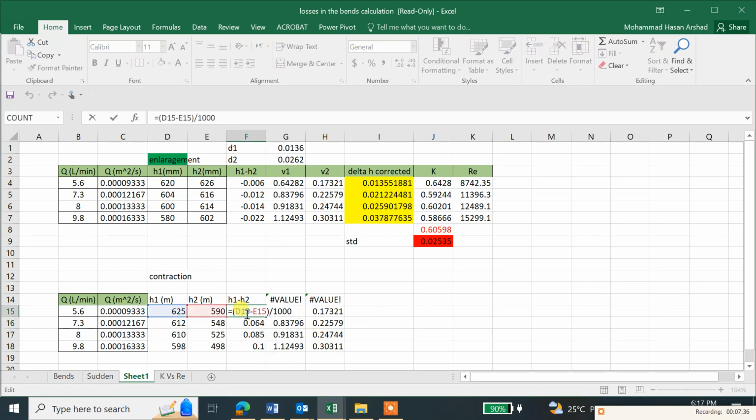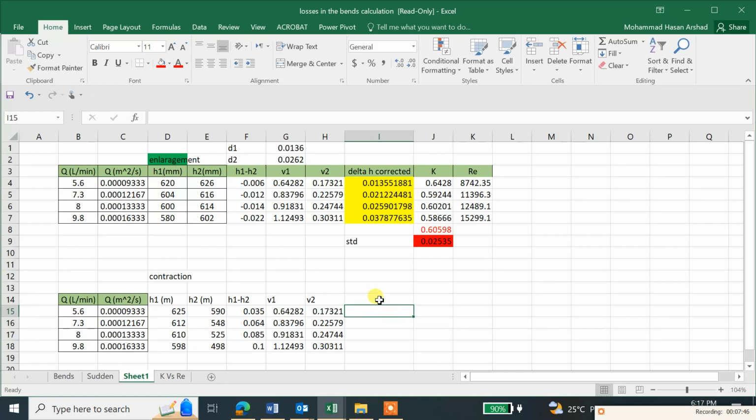In this case, there will be an extra pressure drop, so we need to subtract for delta H corrected. Delta H corrected will be delta H measured minus the velocity term. For contraction, this is V2. V2 is the smaller diameter, so velocity will be higher.